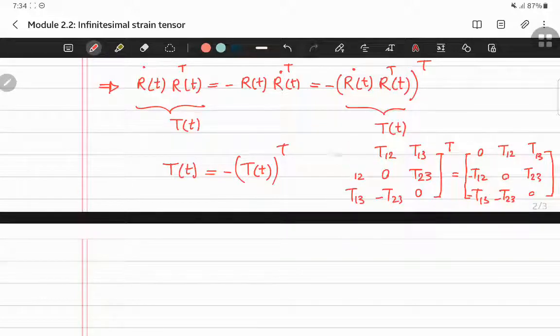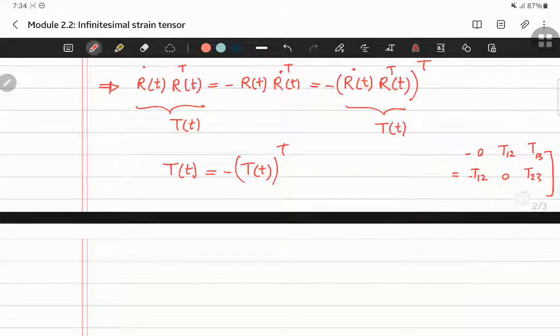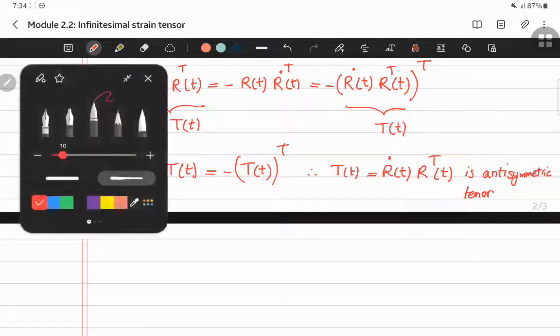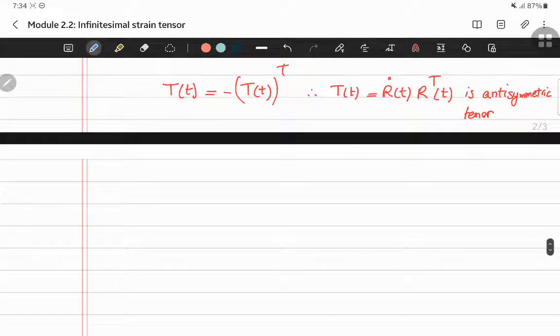Therefore, this is definitely an anti-symmetric tensor. Therefore, T of T, which is equal to R dot T, R transpose T, is an anti-symmetric tensor. Perfect.